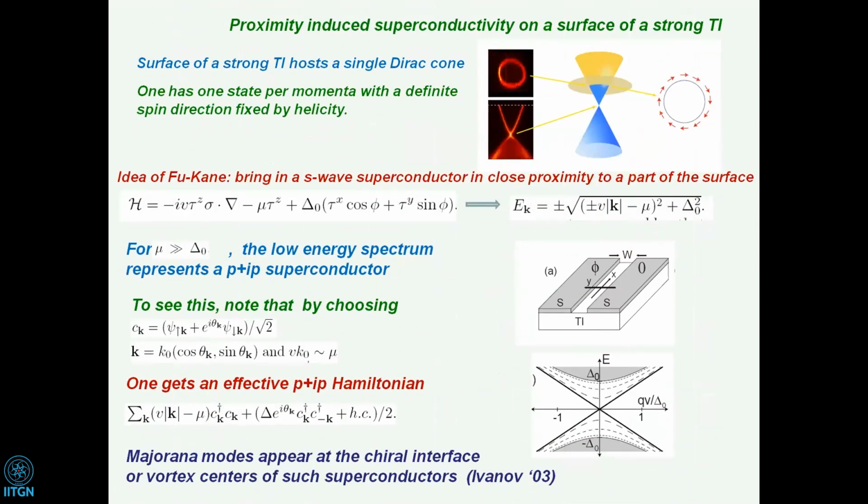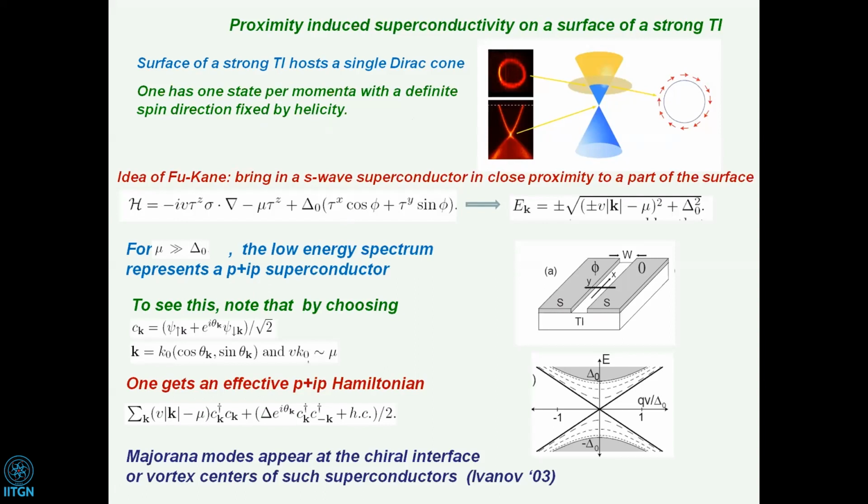The other interesting thing, which was first pointed out by Charlie Kane and Liang Fu, is that the surface of a strong topological insulator, which hosts a single Dirac cone, for example, has one state per momentum. This is one of the fundamental things which is different for a topological insulator compared to a standard, conventional Schrodinger electron.